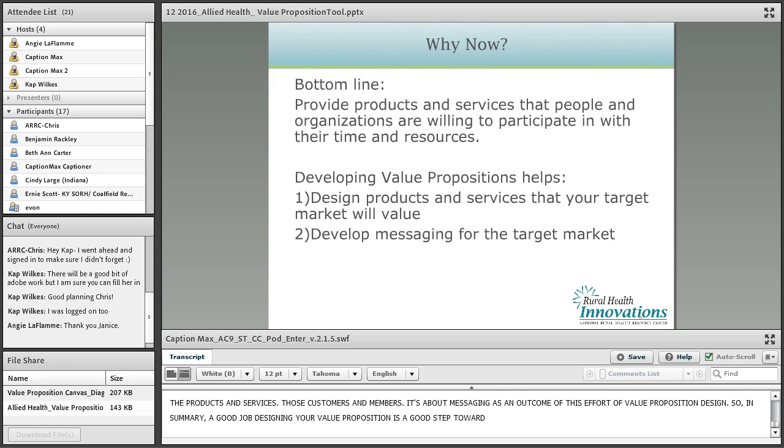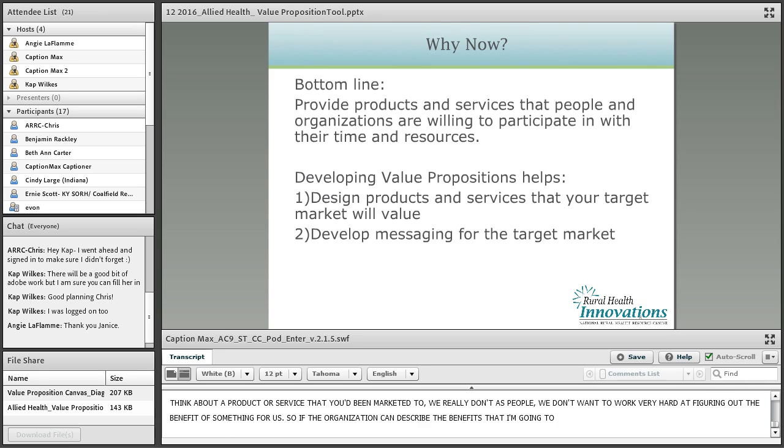So in summary, doing a good job designing your value proposition is a good step toward both your product development and your promotion. Your target market wants to engage with products and services that meet their needs, and they want to be able to figure this out quickly and easily. If you think about a product or service that you've been marketed to, as people, we don't want to work very hard at figuring out the benefit of something for us.